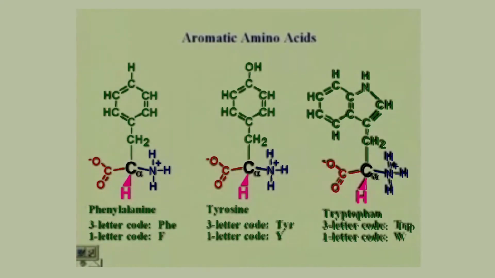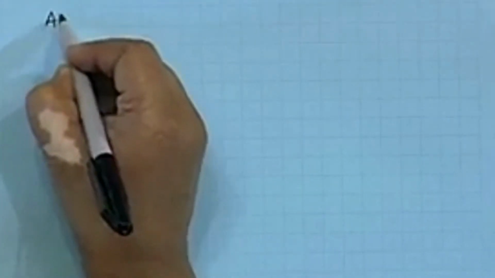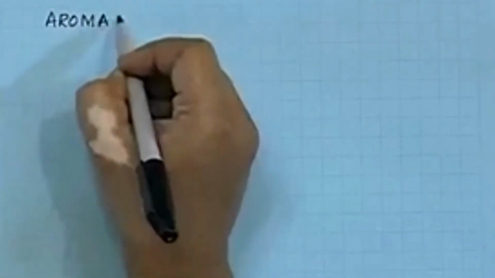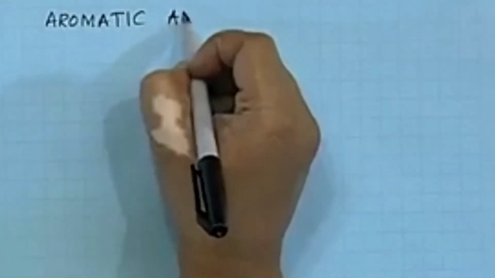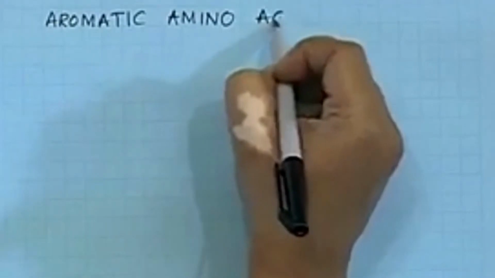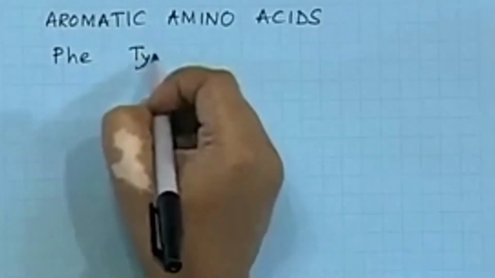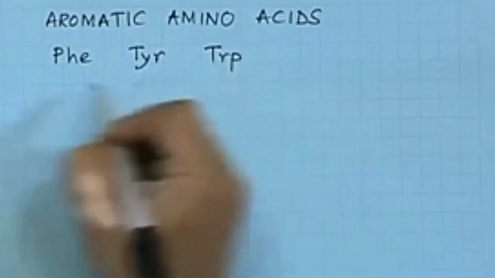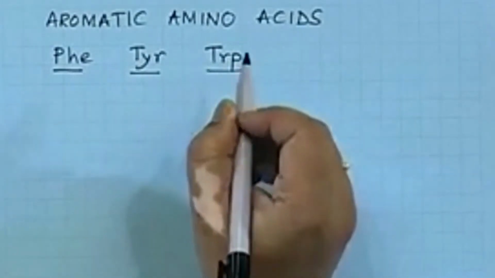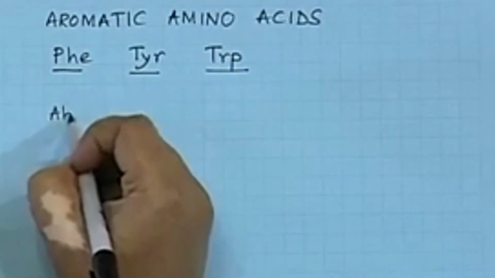The unique properties of these aromatic amino acids, which make the protein useful in an analytical way, is that all the aromatic amino acids that we have considered, which are, as I wrote previously, phenylalanine, tyrosine and tryptophan, each of these absorb UV light.